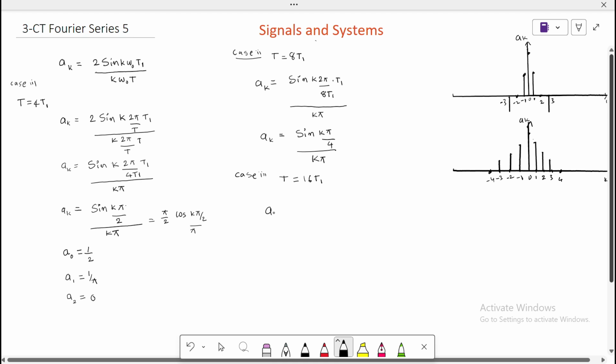So the a_k value equals sine of k pi by 8, by k pi. It will have the magnitude from k equal 0 to 7. At k equal to 8, it goes to 0.